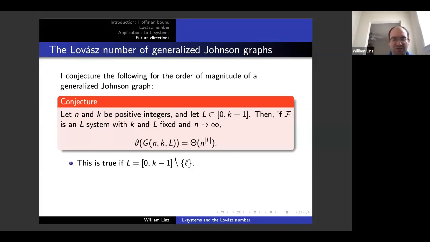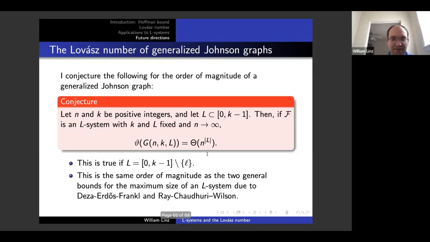It's also true for the t-Kneser graph. It would also be of the same order of magnitude as two general bounds for the maximum size of an L system, which are due to Deza, Erdős, and Frankl, and Ray-Chaudhuri and Wilson.